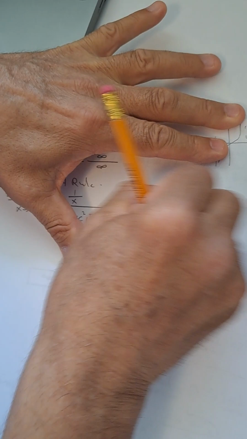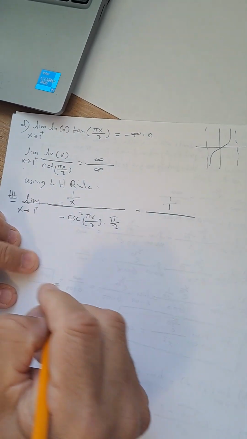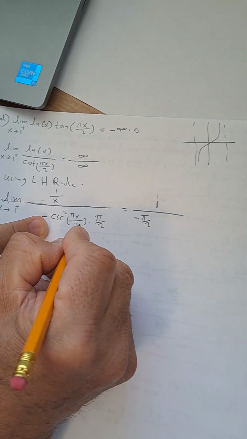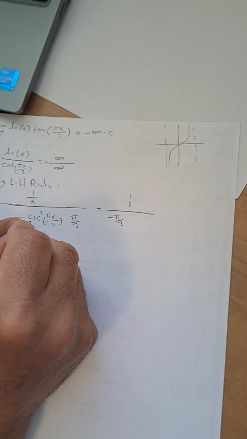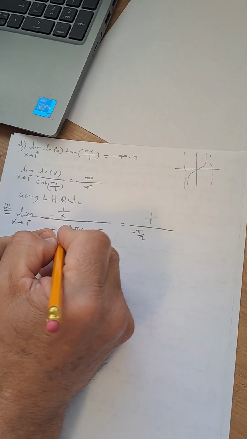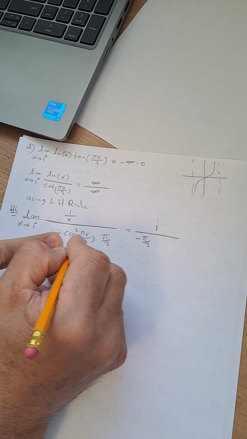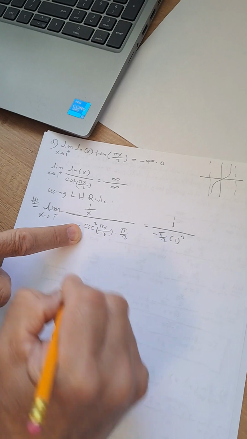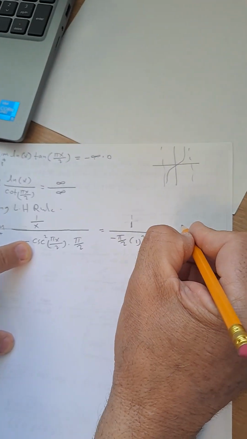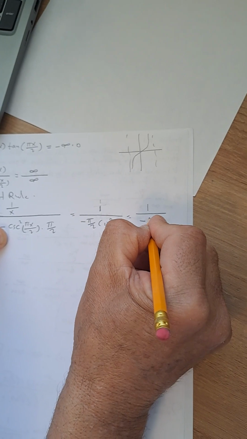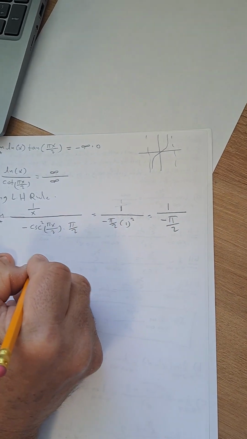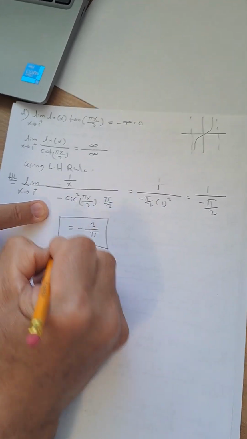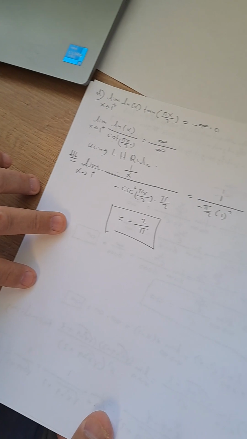And here we have pi over 2. This cosecant squared will also be 1. So we will get 1 over minus pi over 2. Then we will get minus 2 over pi. And this is our solution for part D.